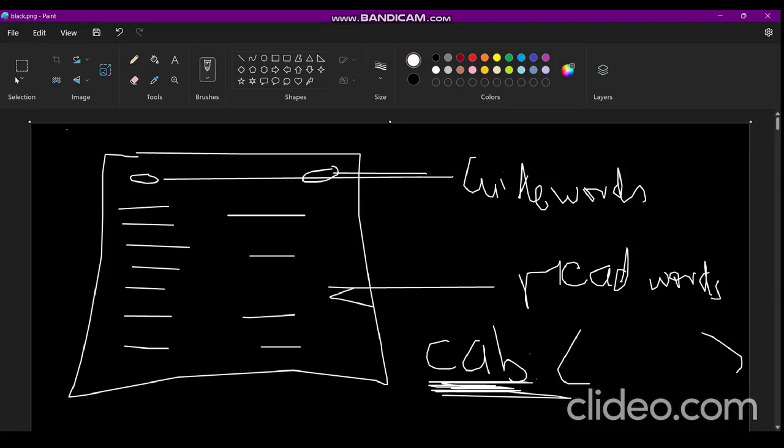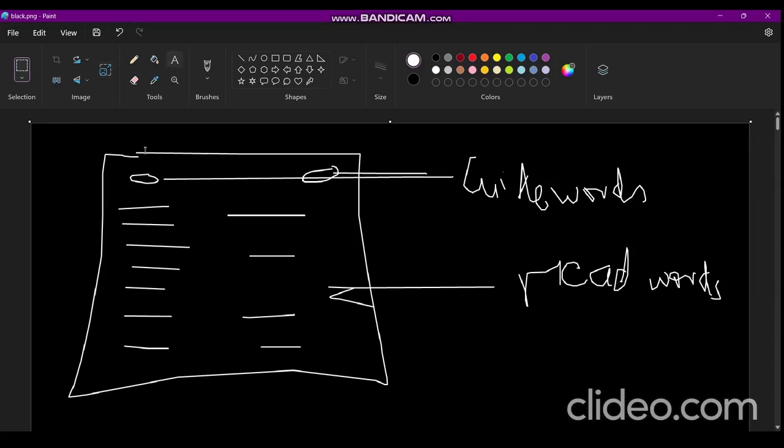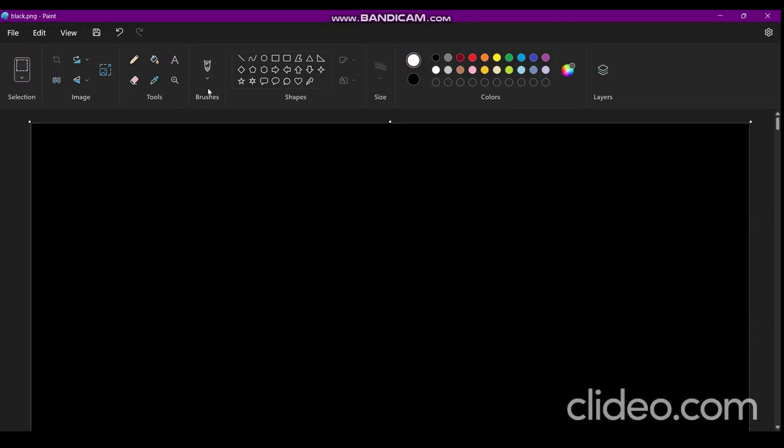Now I will tell you the uses of guide words. The guide words signify the first word and the last word. Let's create a DIY example. Let's suppose the guide words are cab and cat.